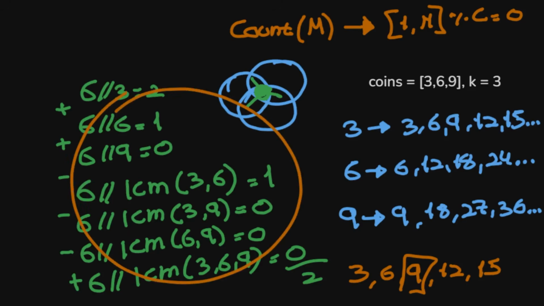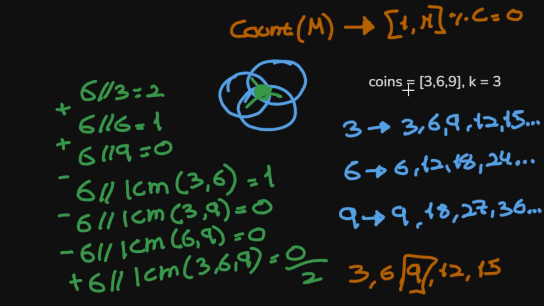And if we look closely at what we are doing here, we are adding contributions of unique denominations. That's exactly what we are doing here. Then we are removing the contributions of combinations of 2 denominations. Then we need to add contributions of combinations of 3 denominations. If we had one more element here, next we would have to remove contributions of combinations of 4 denominations and so on.